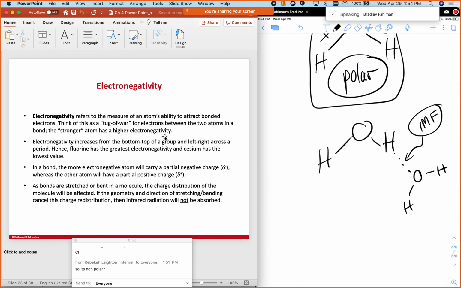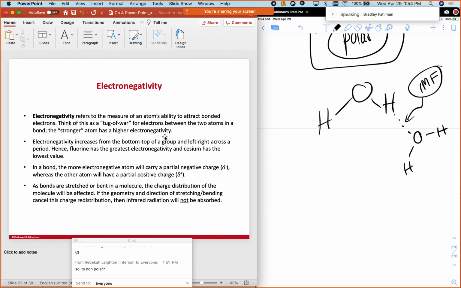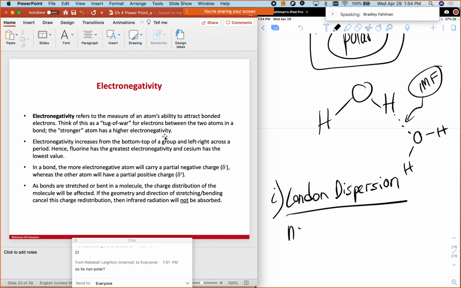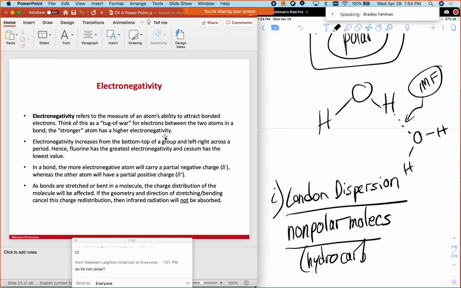Okay, and we looked at three varieties. London dispersion, and those are between nonpolar molecules. Look for hydrocarbons, for instance, which are great examples of that.